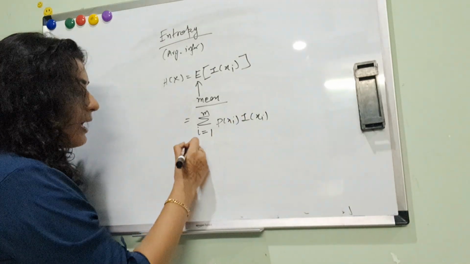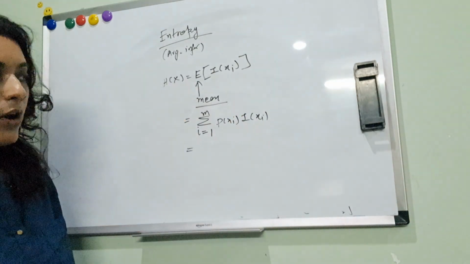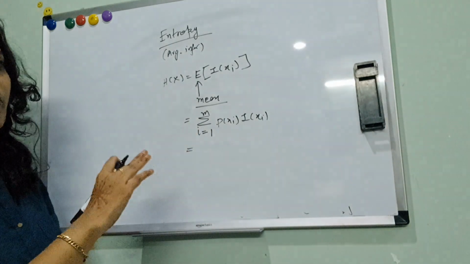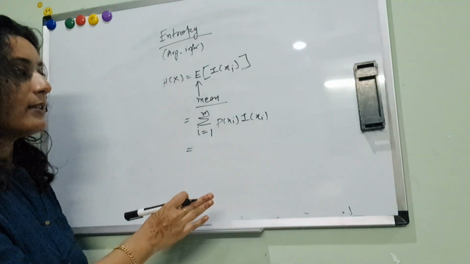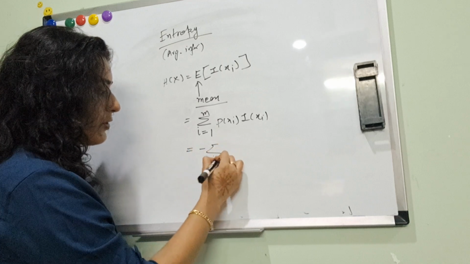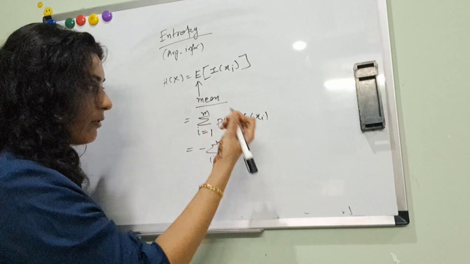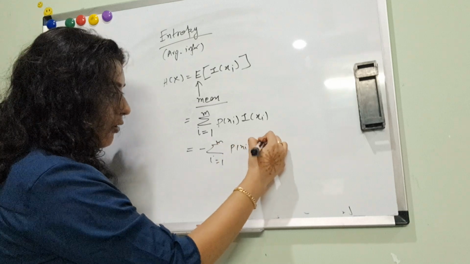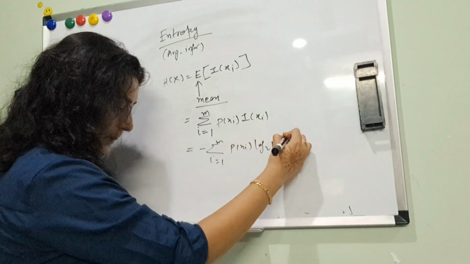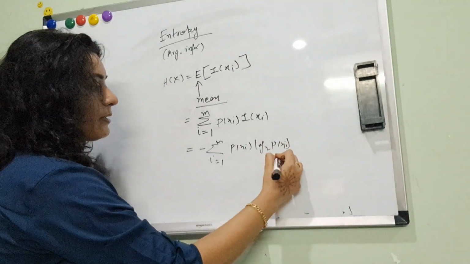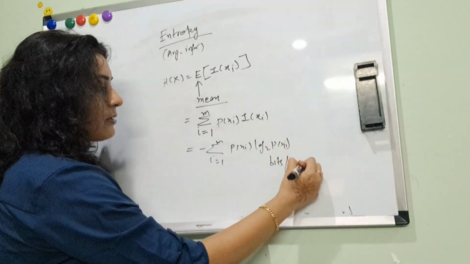And as we now know, the information content of any symbol is, as we have already completed, minus log 2 Pxi, and its unit is very important: bits per symbol.